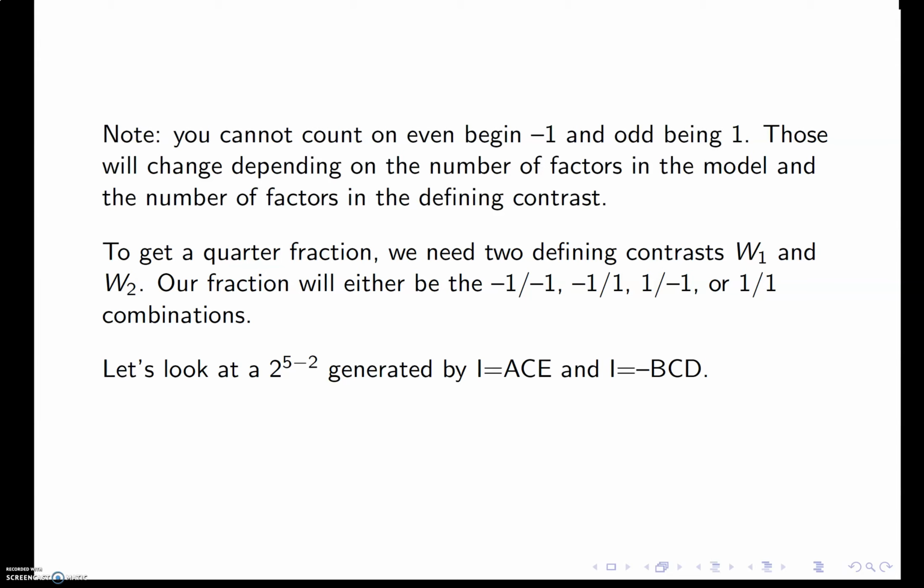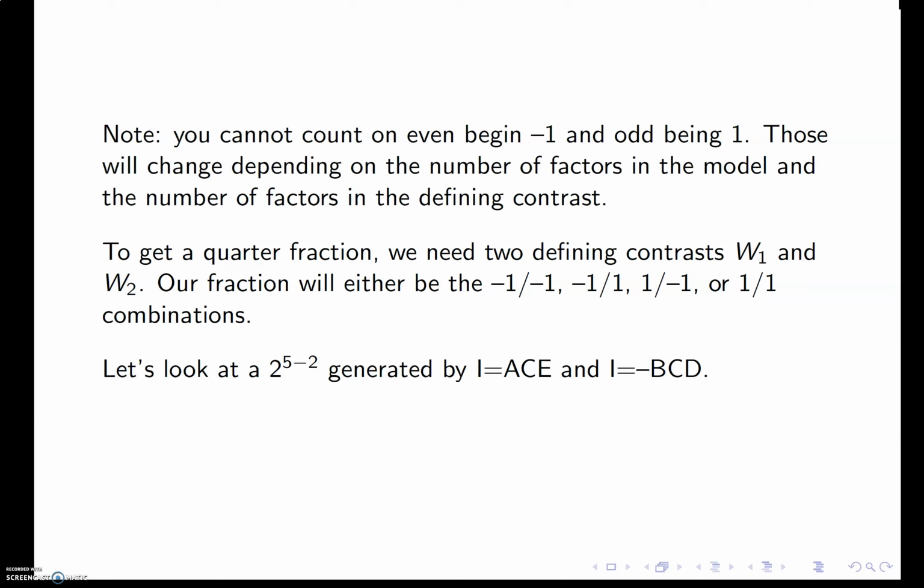So a little note here from Gary: you cannot count on even being -1 and odd being +1. Those will change depending on the number of factors in your model, like if you have 4 factors or 3 or 5, and the number of factors for that defining contrast.